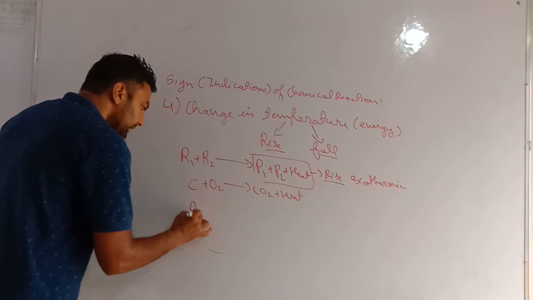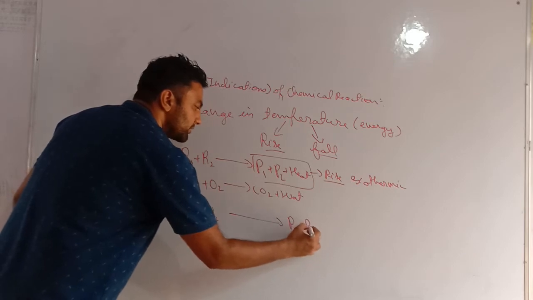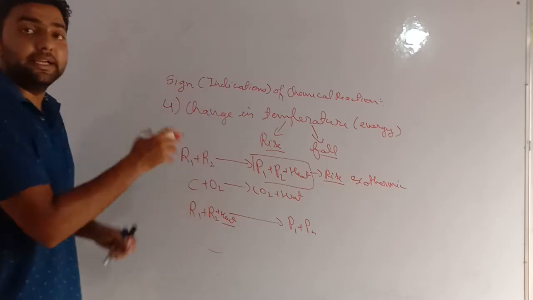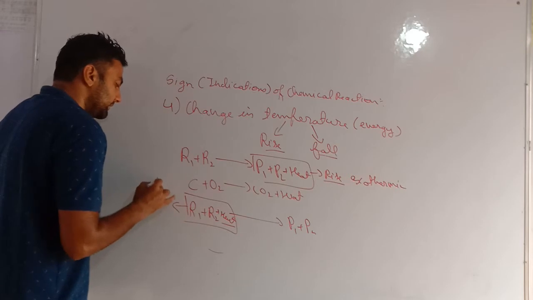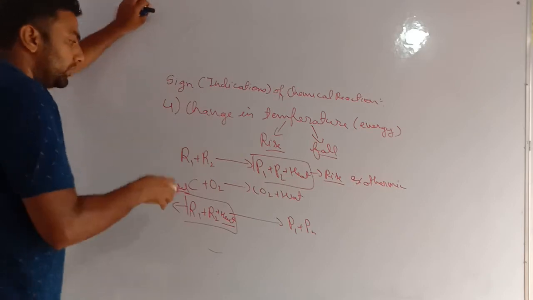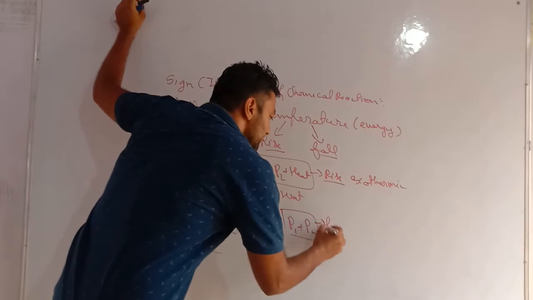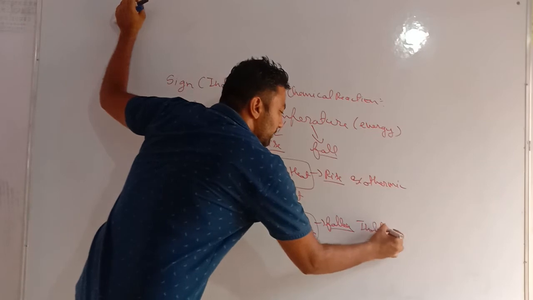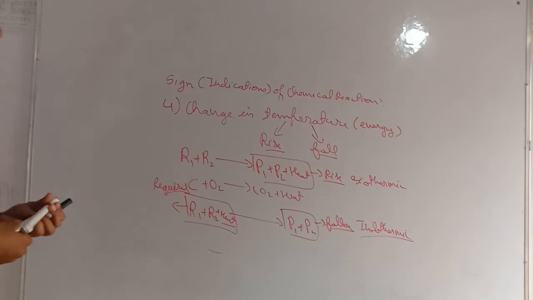And if reactant 1 plus reactant 2 are there, and I want product 1 plus product 2, but for that I need to give heat, means this process requires heat, then overall temperature in the products will fall down, and such a process is known as an endothermic reaction.